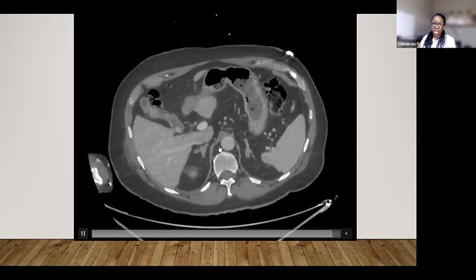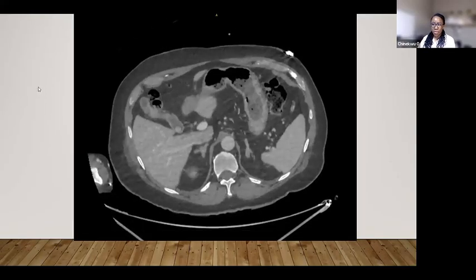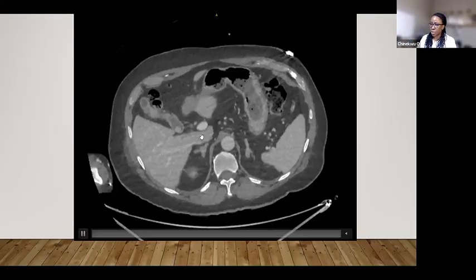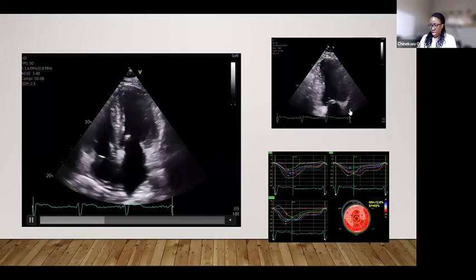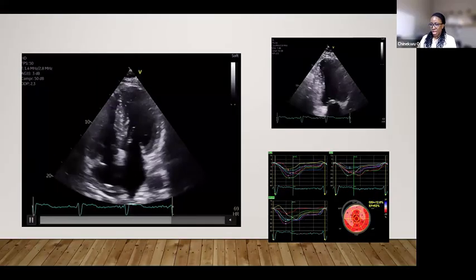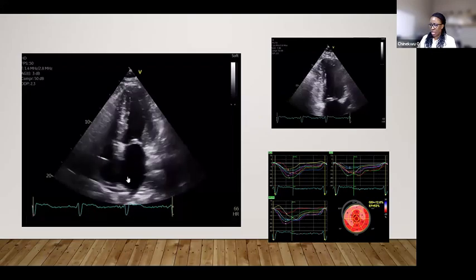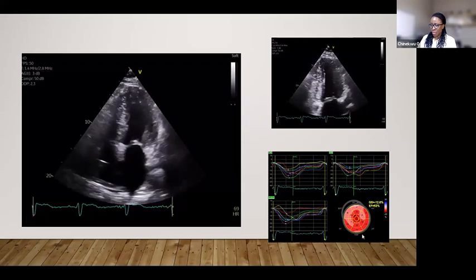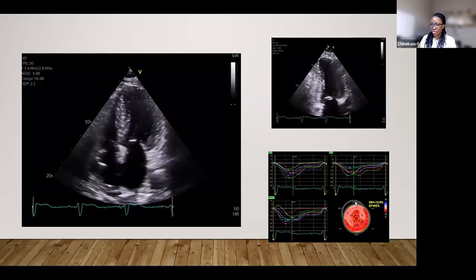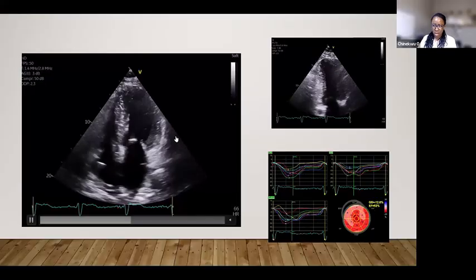So we know that if we see late enhancement on his MRI, it's not from coronary artery disease. And he had a dedicated CT coronary angiogram elsewhere as well. His echocardiogram is basically unremarkable. There might be a bit of septal hypertrophy here, but apart from a reduced ejection fraction and reduced strain, again, nothing is jumping out at us.